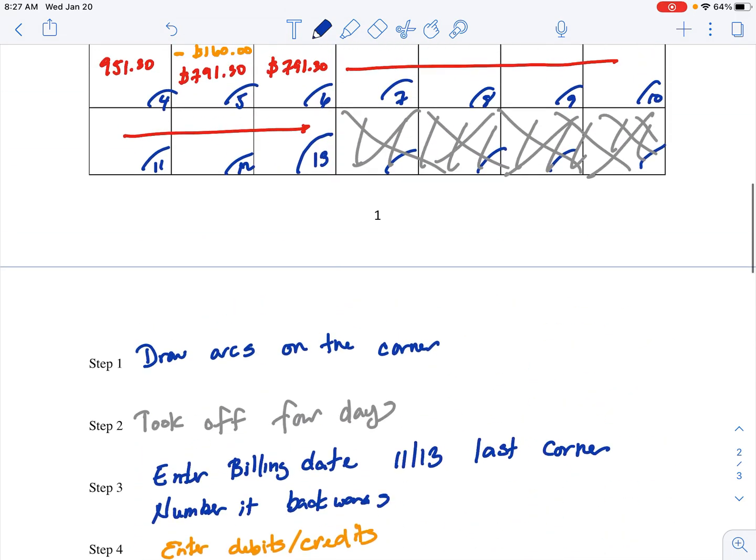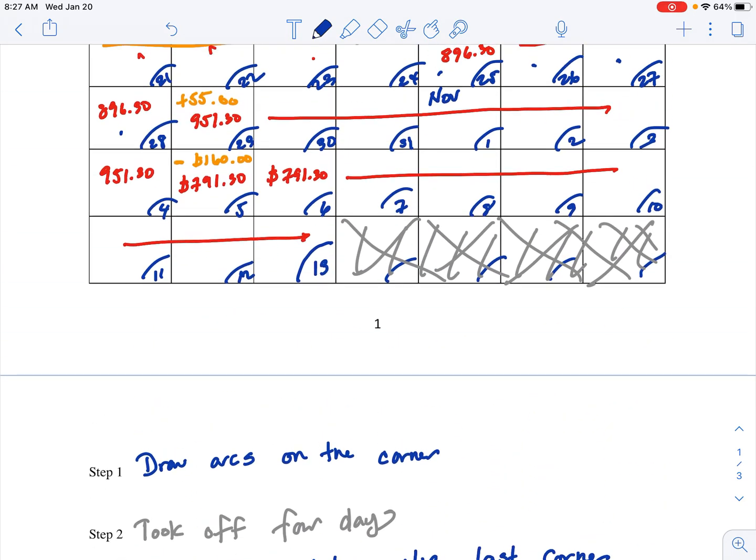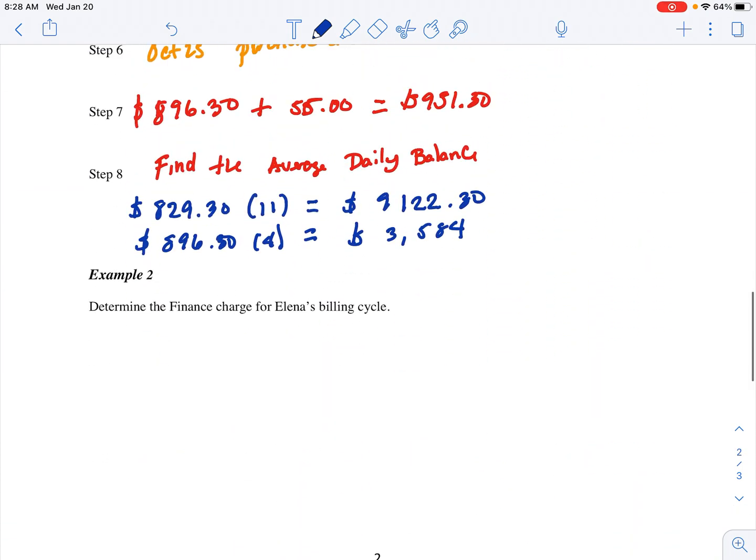And then we had 951.30 for 8 days. And that equals $7,610.40.